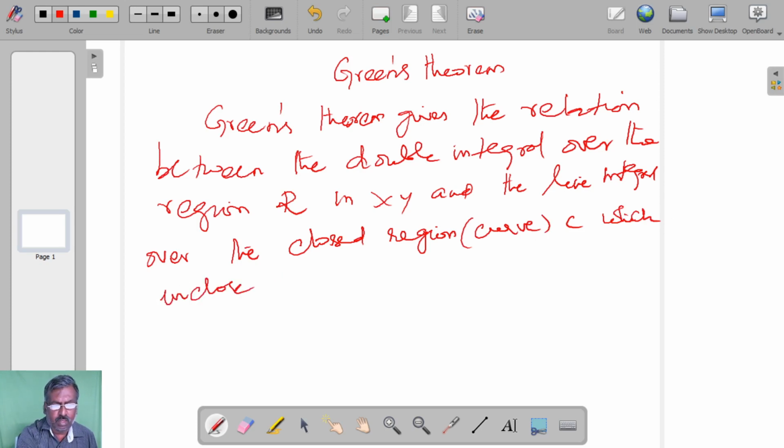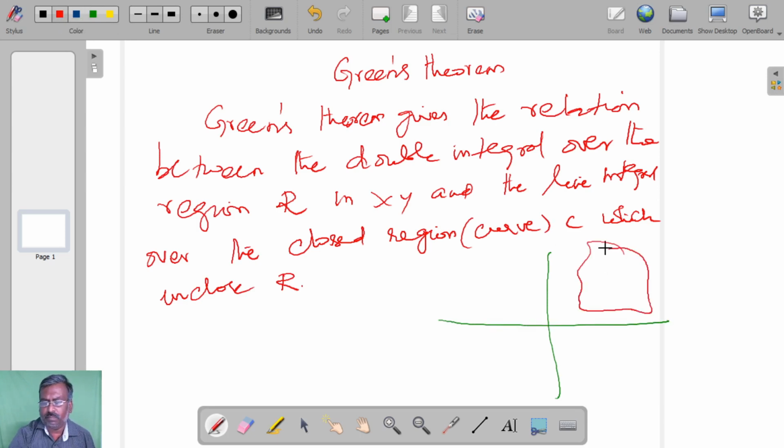Okay. Suppose consider the xy plane and the region R. See this?